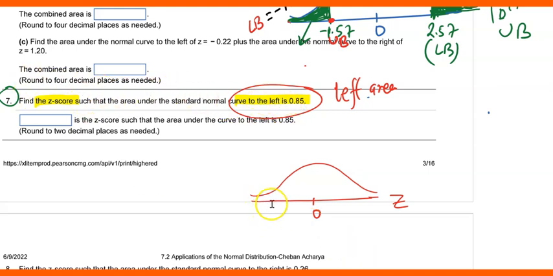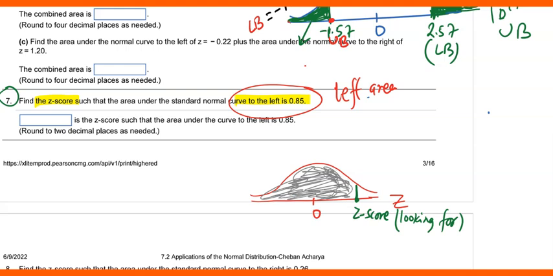That means the point on this line where the area on the left is 0.85. That means that point must be somewhere here. Okay, this is the point you're looking for. This is the z-score that I'm looking for. And the idea is, the area here on the left is going to be 0.85.